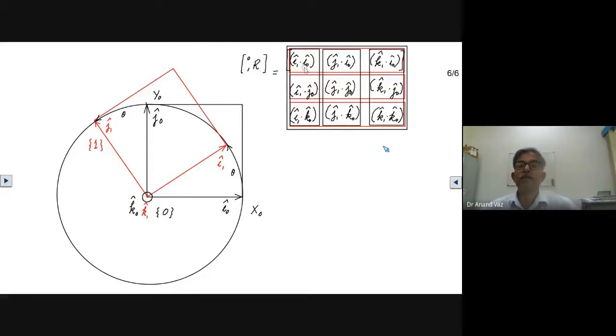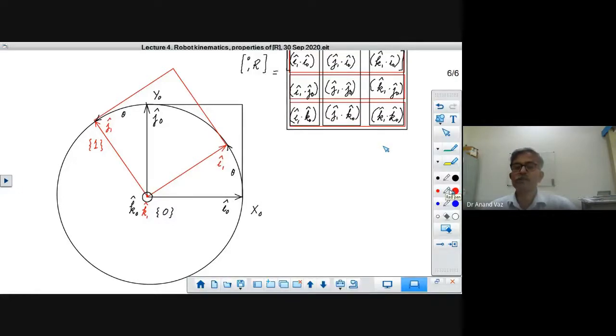Here we have the vector I1, and we have to resolve it in terms of the directions of frame 0. So if we see the components of I1, we will be able to write it like this.